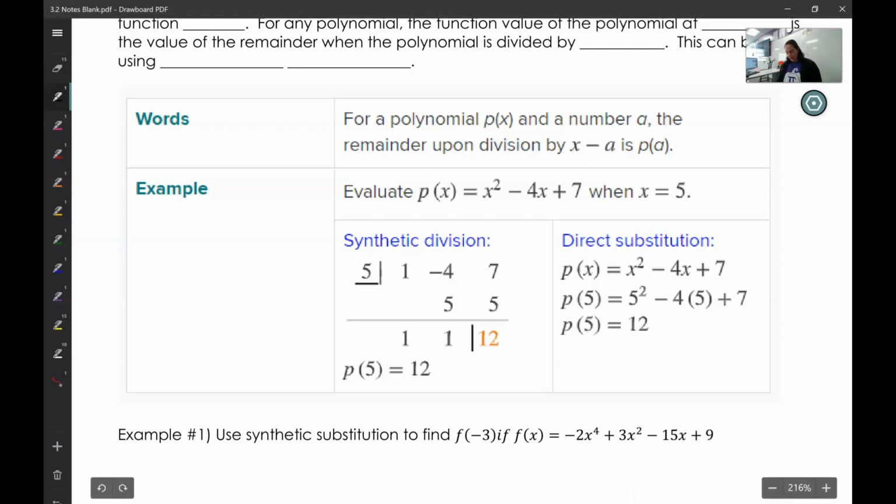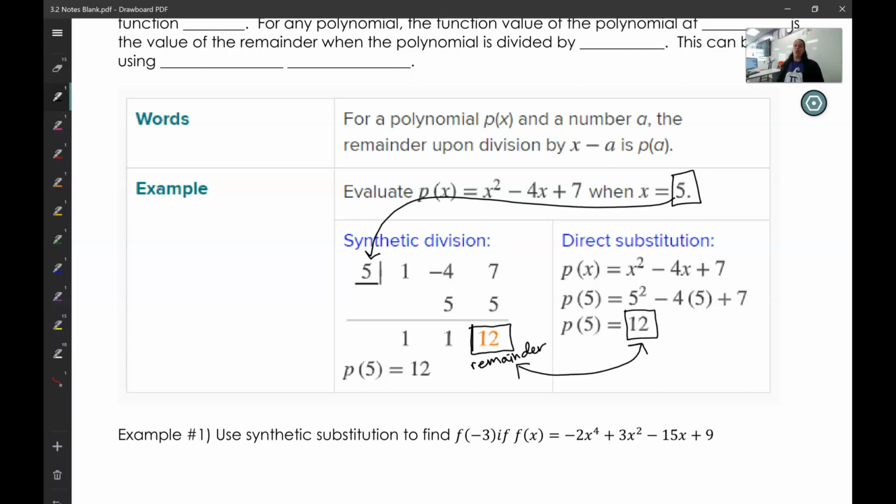Well, you can do synthetic division: put 5 into your box, write out your coefficients, bring your first one down, multiply, put it in the next column, add, multiply, put it in the next column, add, and your remainder, your last number right here, is actually the same answer that you would get if you just plugged it in and simplified, which is kind of cool. It's just two very different ways of getting the same answer.